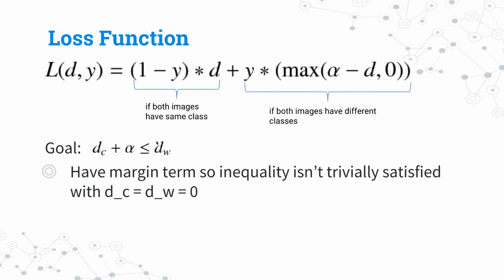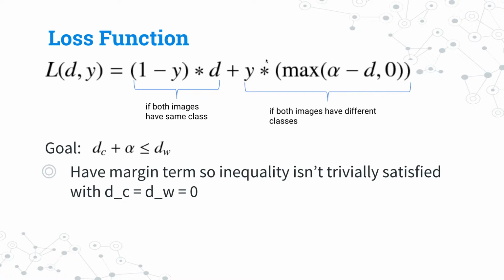Does that make sense? Okay. So looking at this now, if we brought DW over to the other side, then you would have alpha minus DW. But how does this fit into the loss function? Let's say first that both of the images have the same class. In that case, y is equal to 0, right?